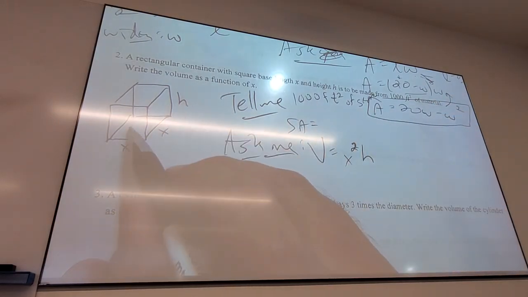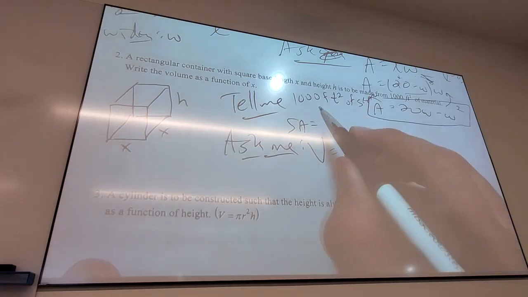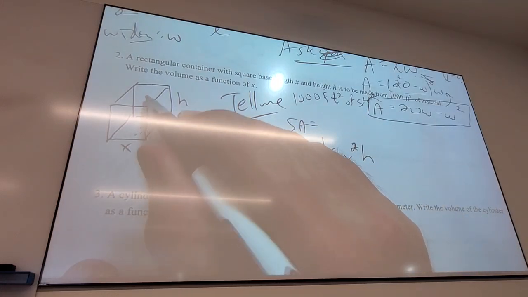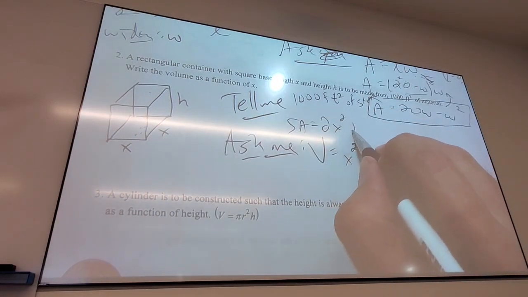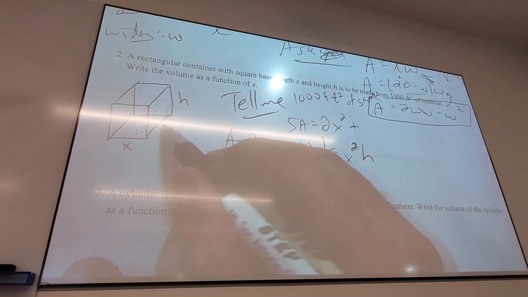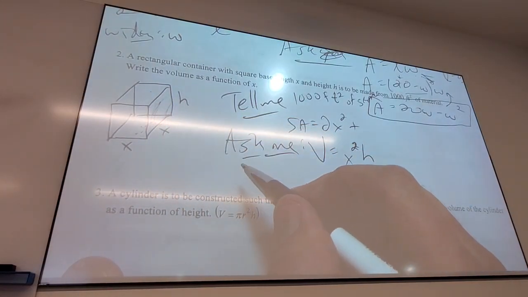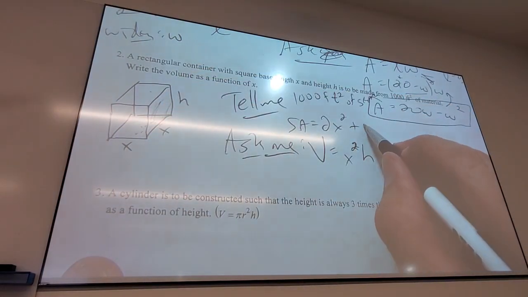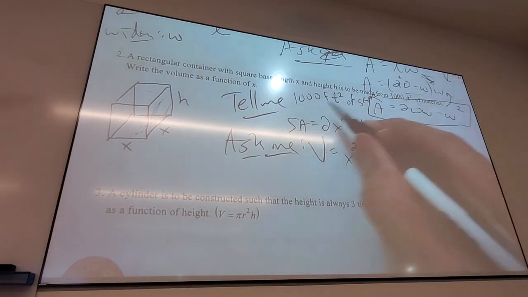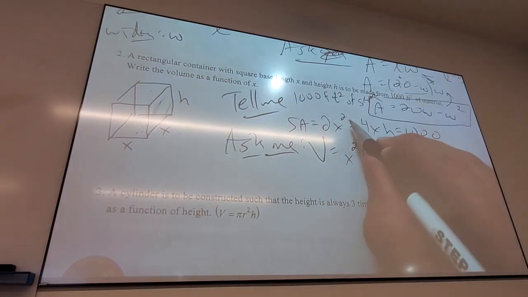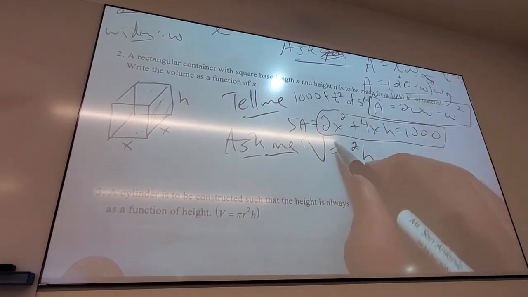What's the area of the bottom? X squared. How many of those are there? So I got 2x squared plus, what's the formula for one side? XH, and how many of those do I have? So here's what they told me, and here's what they asked me.